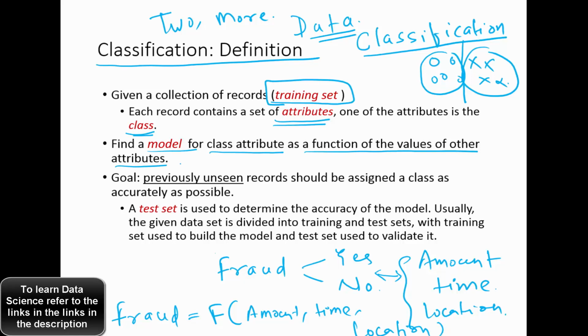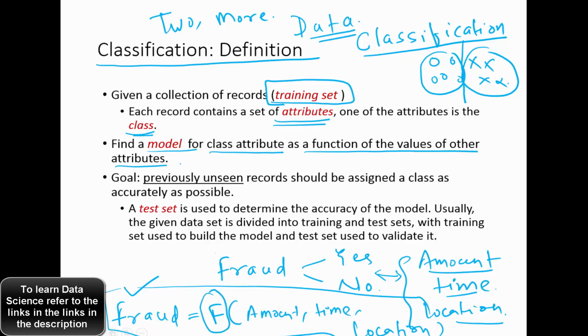So if we are able to find such a function, we should be able to find out if a particular new transaction is going to be a fraud or not, given the amount, time, and location. So all we need from decision tree is to find that function.